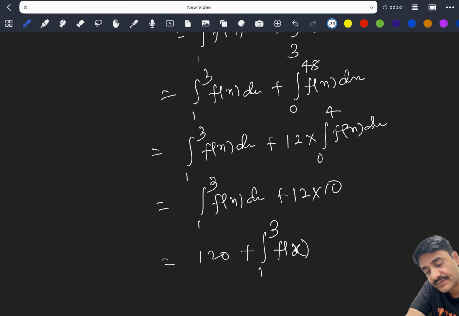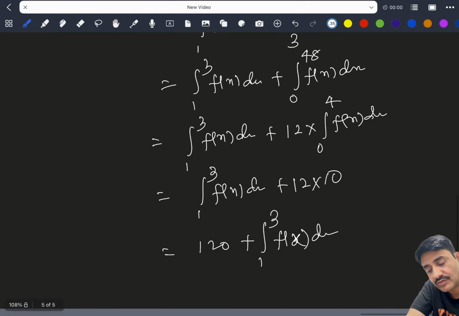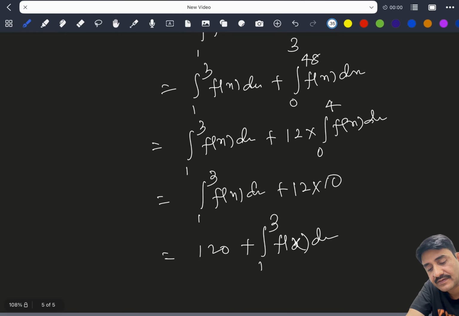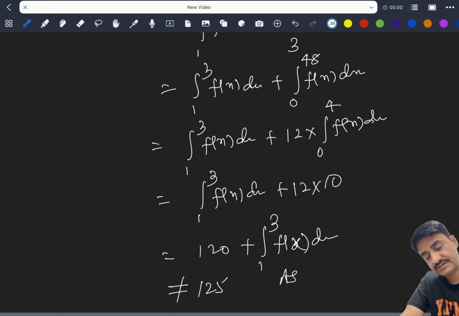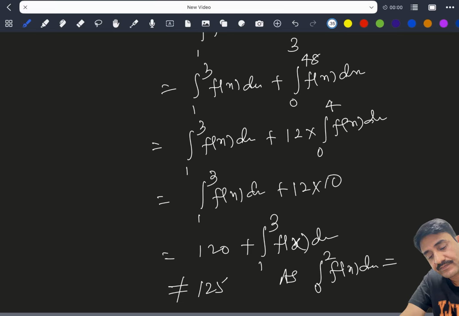This cannot be equal to 125, as the integral 0 to 2 f(x) dx is not equal to 1 to 3 f(x) dx.